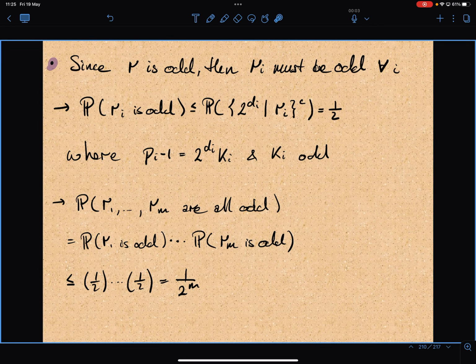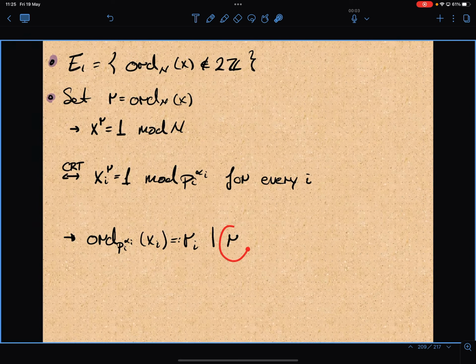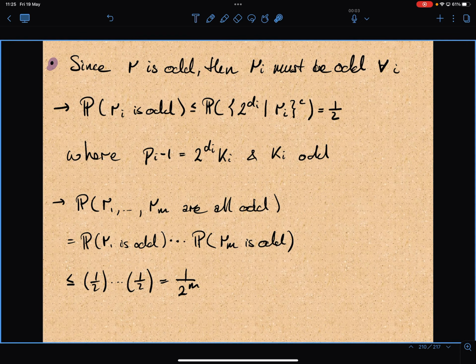Since r is odd, this means that each ri has to be odd, because if ri is even, then it's not going to divide r; an even number doesn't divide an odd number. So this implies that each of these ri's is odd. Since r is odd, then ri must be odd for every i.